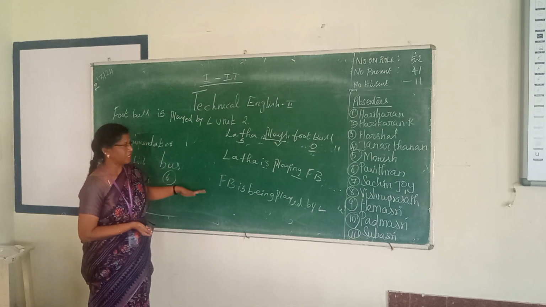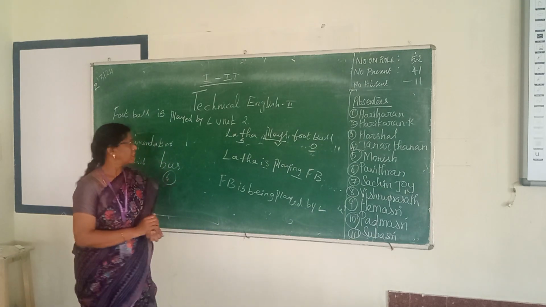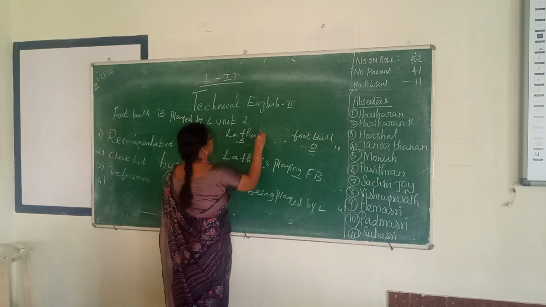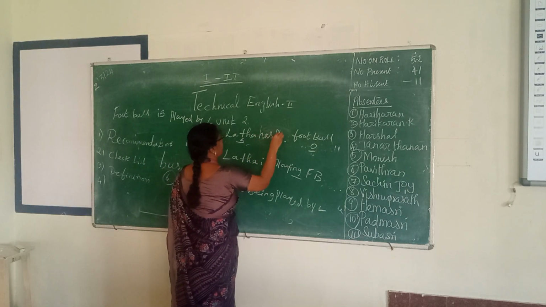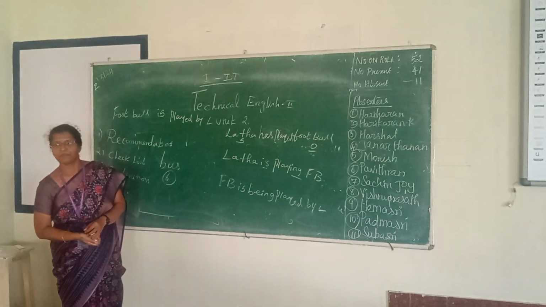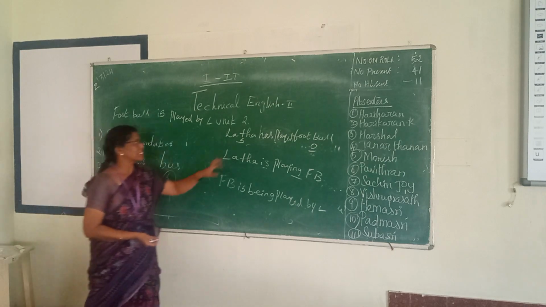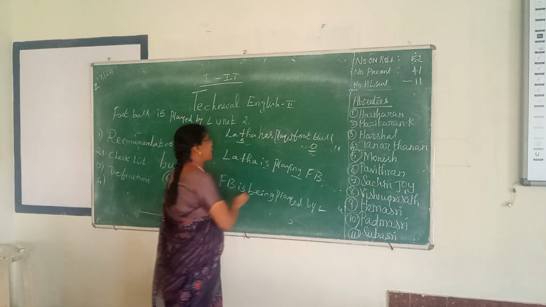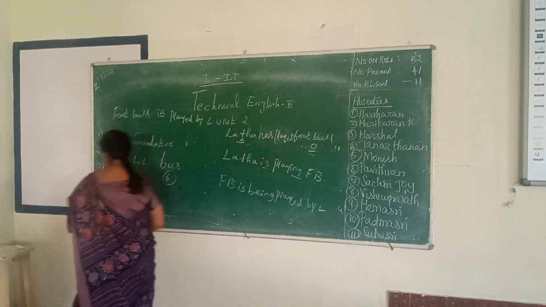Present continuous. Then present perfect. Lata has played football. It's very simple. When you come across has or have, you have to include been with that. Okay?